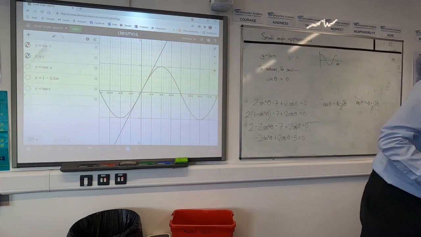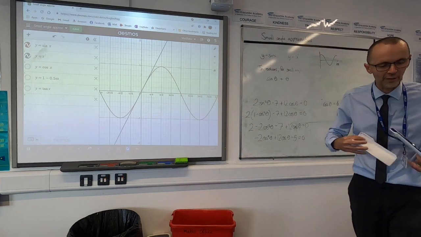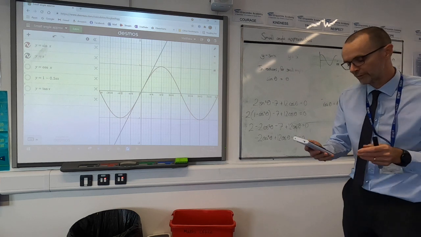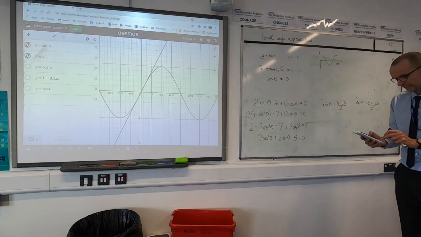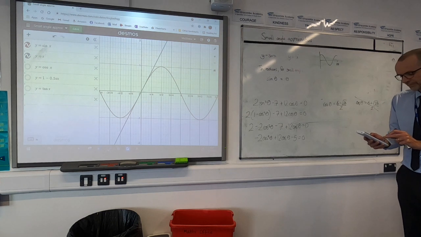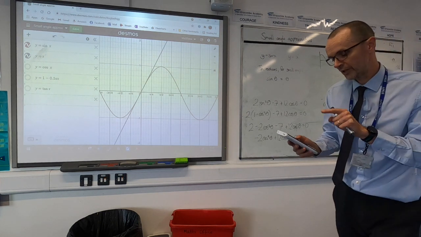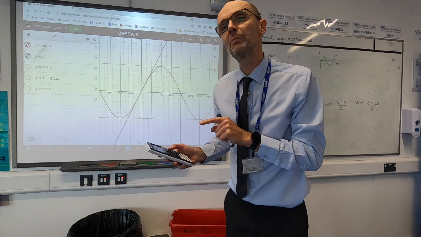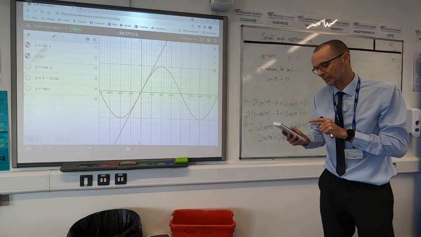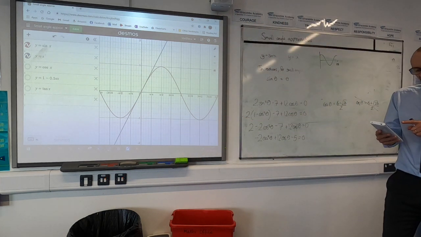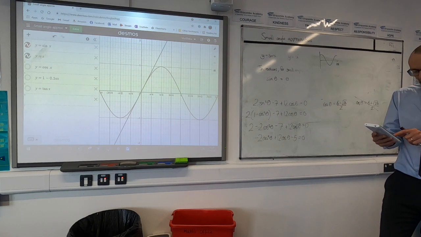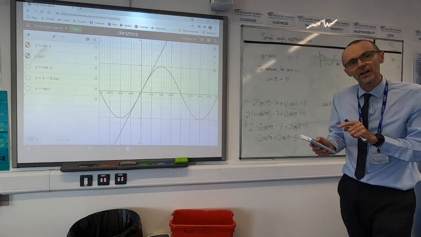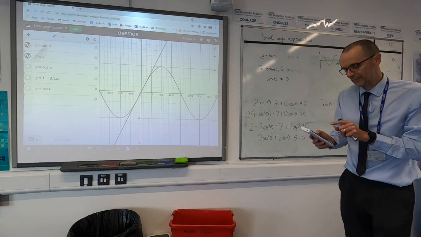Make sure your calculator's in radians, and do the sine of 0.1. You get a number that's pretty close to 0.1. I get 0.099. And if I do an even smaller number, say 0.05, the sine of 0.05, the answer is very nearly the same.